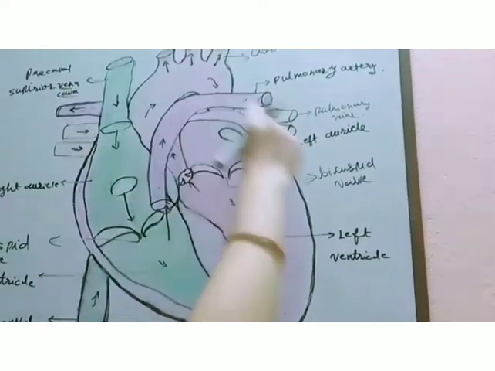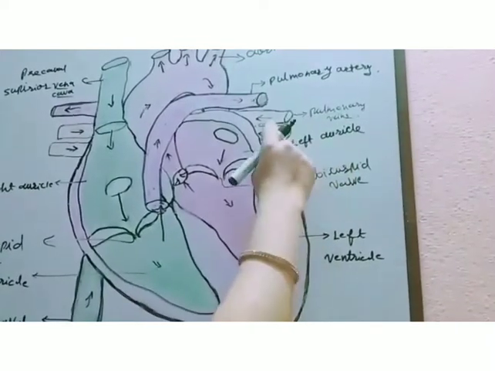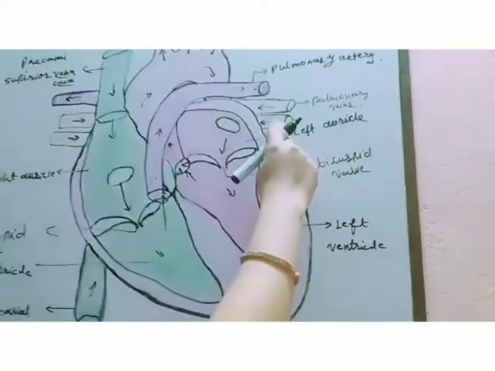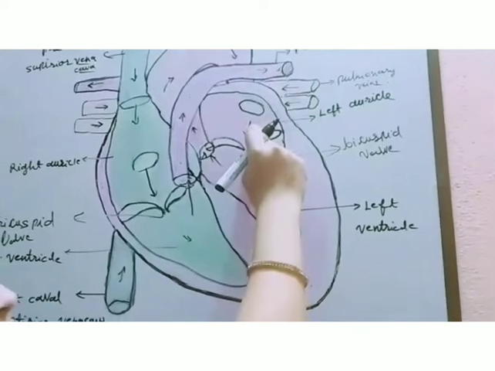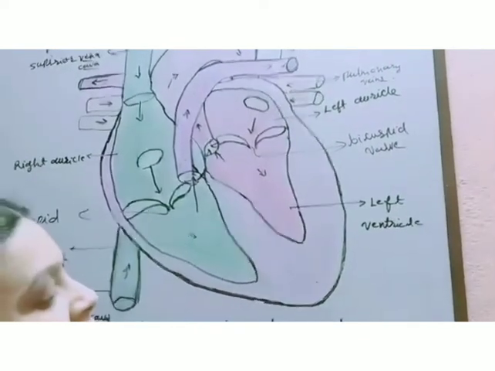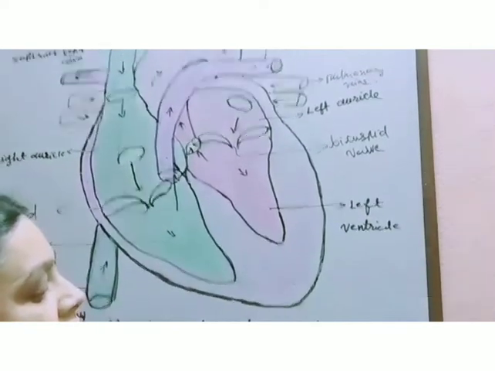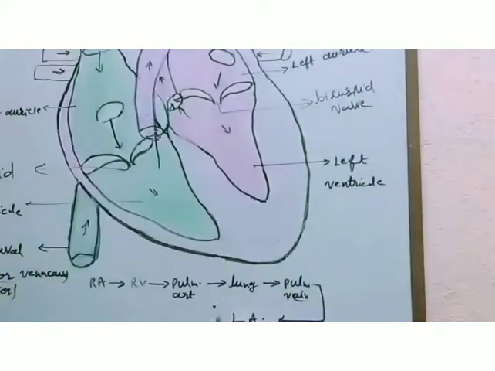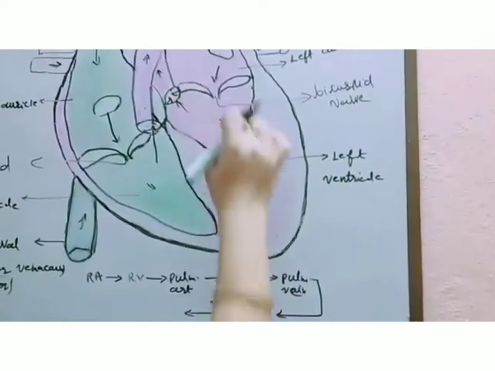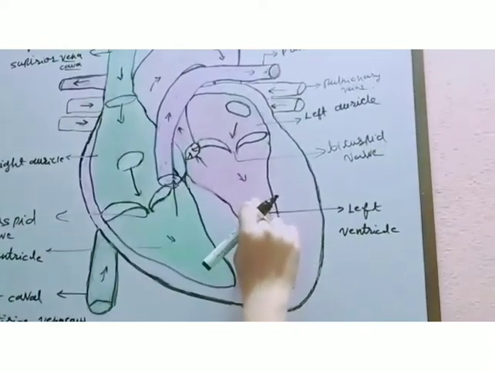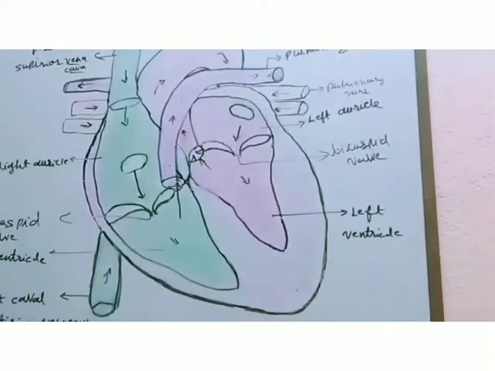So the blood brought by the pulmonary vein is oxygenated, which is red in color. It is pure. Then it is transferred to the left ventricle.